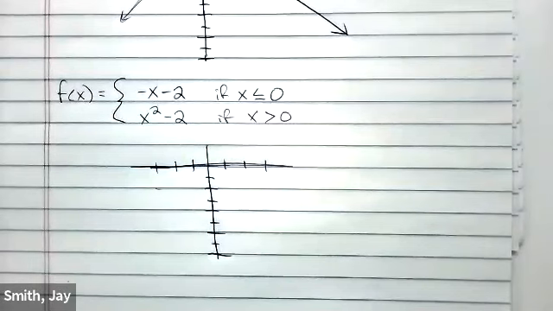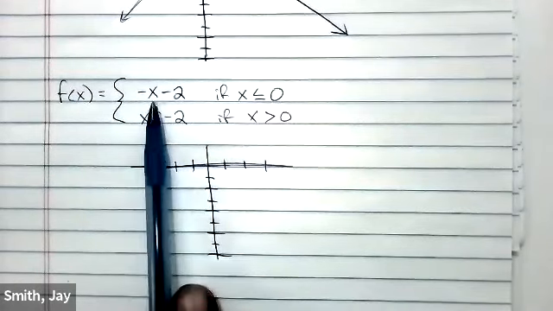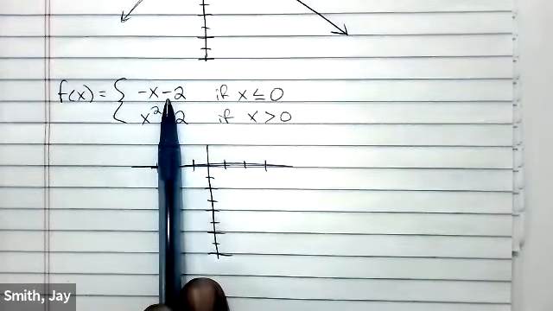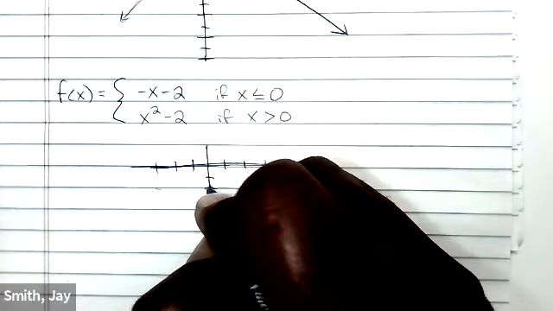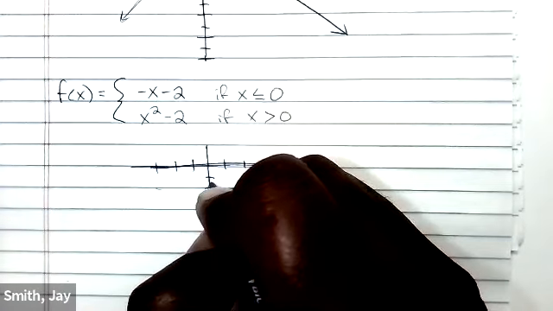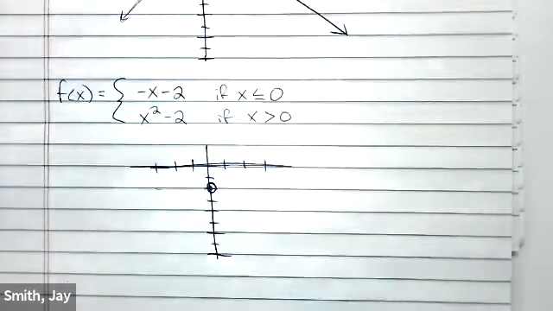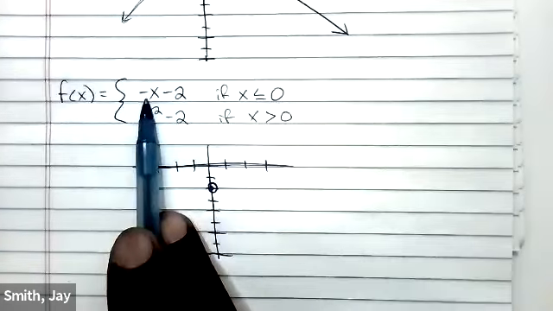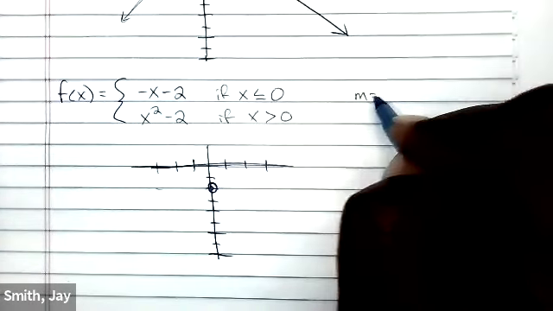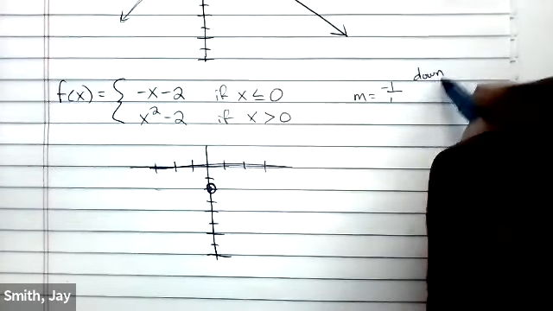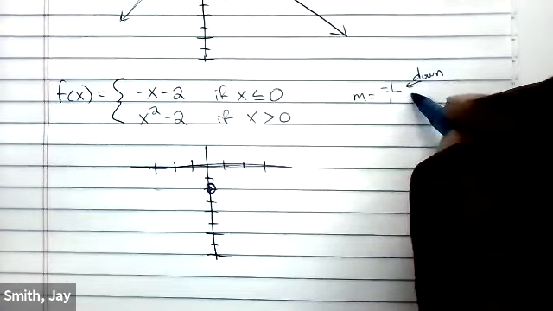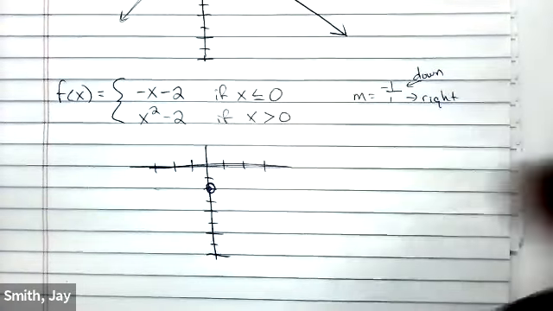All right. So for the graph of the first piecewise defined function, negative x minus 2, y-intercept of negative 2. So we go to negative 2. And technically, we should put an open circle here on negative 2 because it does not include 0. Now our slope is negative 1 over 1. So we either go down 1 and to the right 1, or we can invert it.